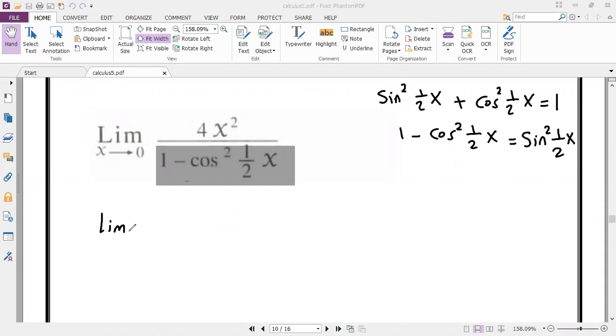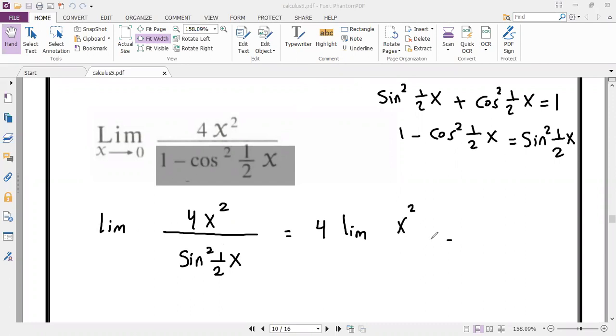So that is going to be the limit of 4x squared over sine to the power of 2 half x. Okay? And write 4 in front of the limit, multiplied by the limit of x squared over sine squared half x. Then this limit we can write as x divided by sine half x, all raised to the power of 2.